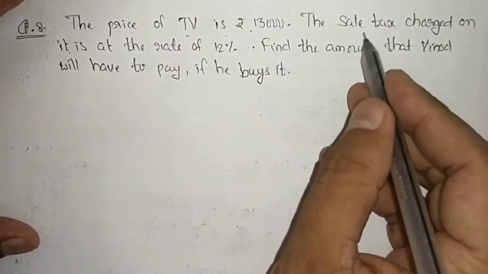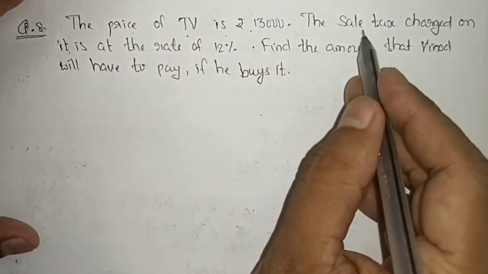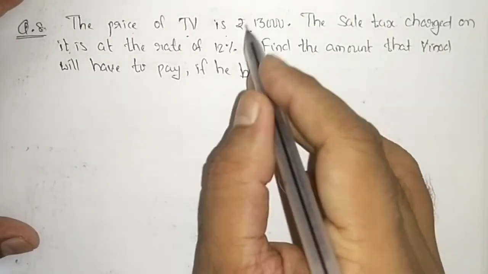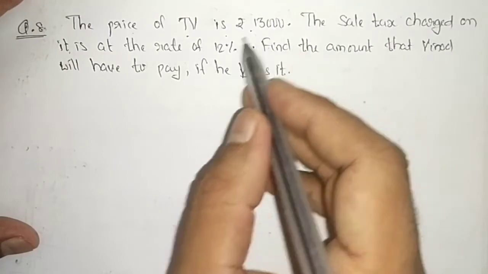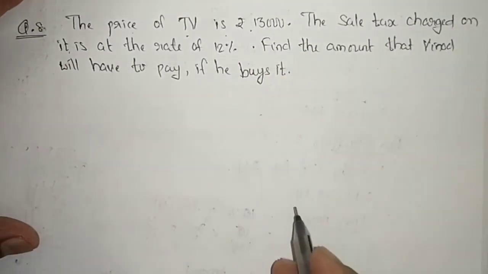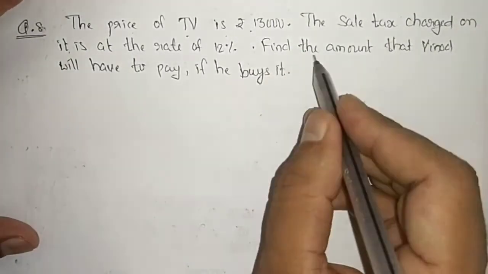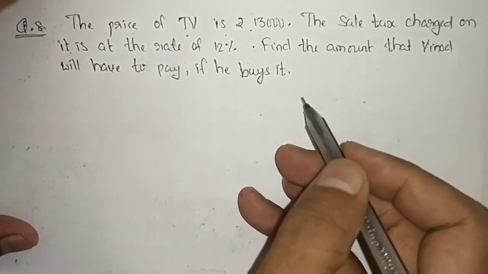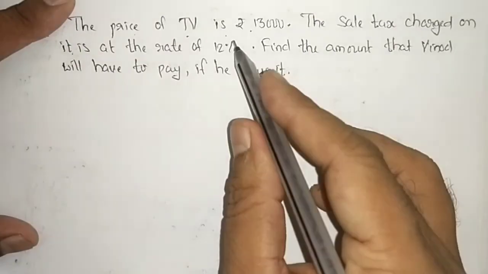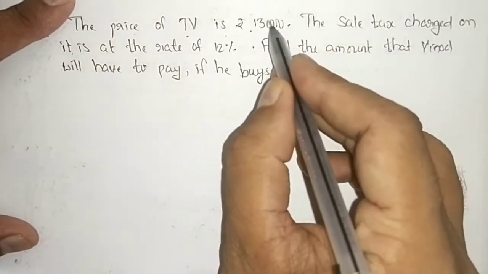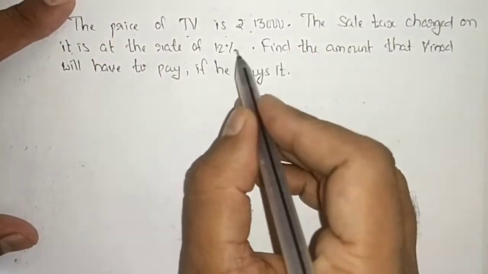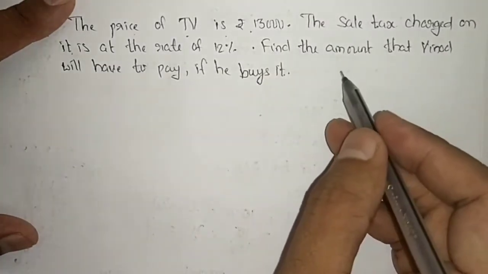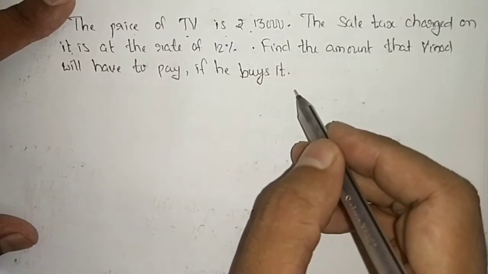The sales tax is the tax collected by the government, which we add on the cost price, and it is 12%. Then they ask to find the amount that Vinod will have to pay if he buys it. Now if Vinod buys that TV, he has to pay 13,000 plus the amount of 12% of 13,000, right?